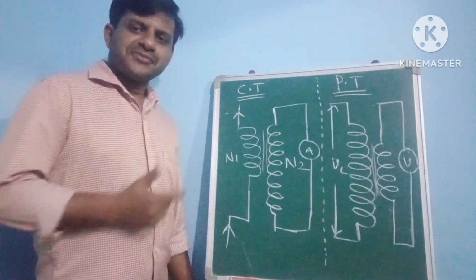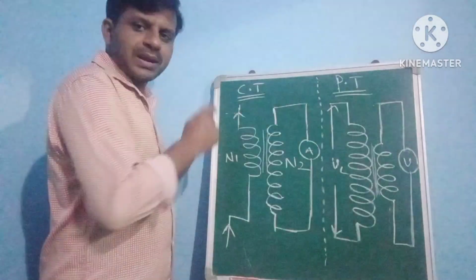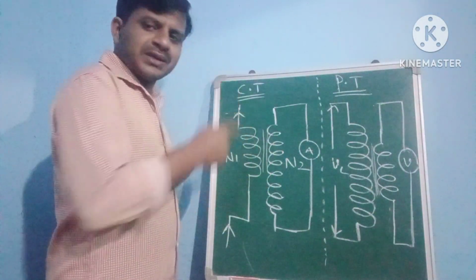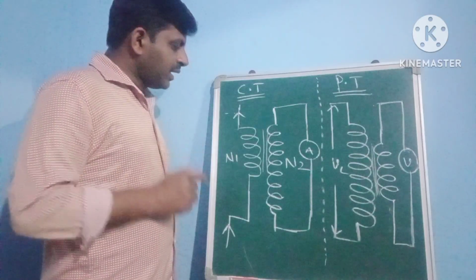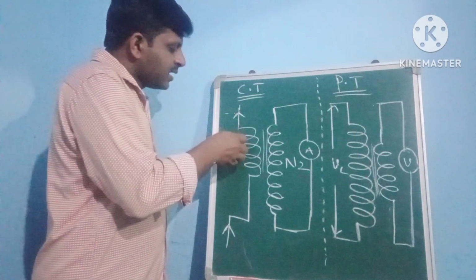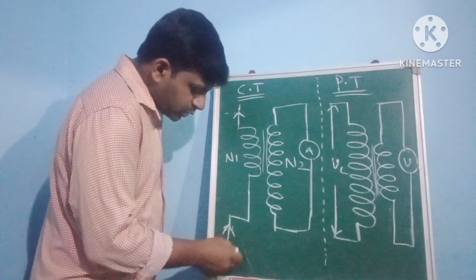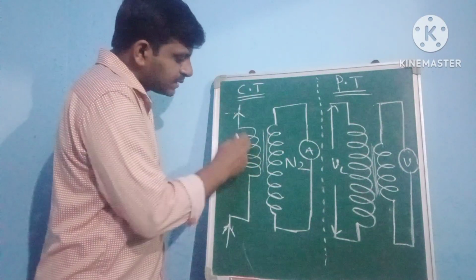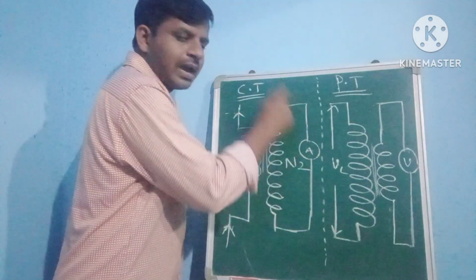Coming to the construction of the current transformer, here N1 is the number of turns of the primary winding and N2 is the number of turns of the secondary winding. The primary winding is connected in series with the transmission line. The current flowing through the entire line can be measured with the help of the current transformer, with the secondary side connected to an ammeter.